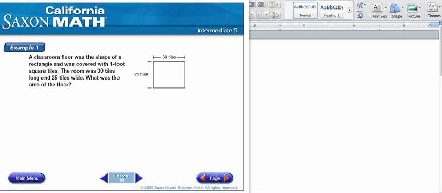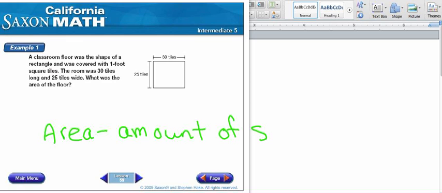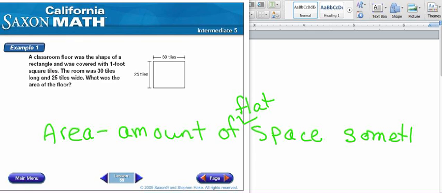Today, we're going to be talking about area. And area is the amount of flat space something takes up.